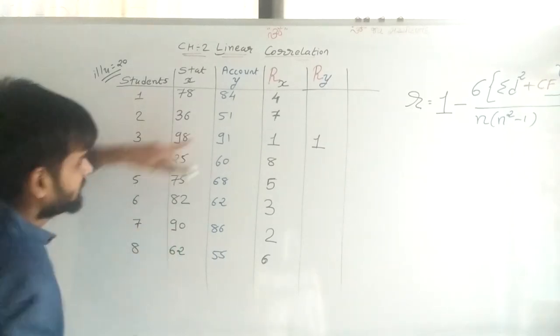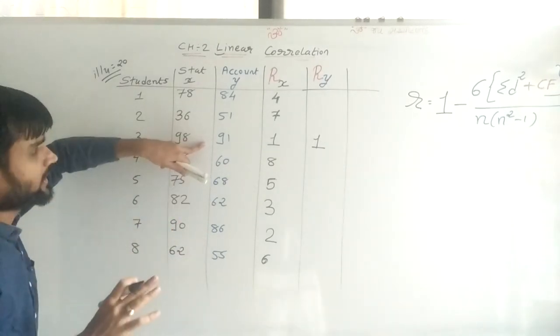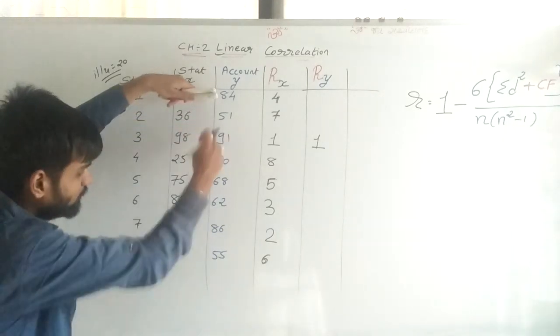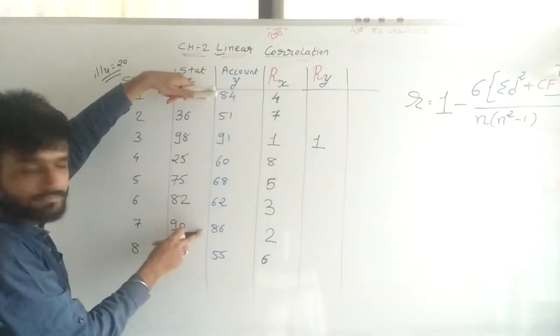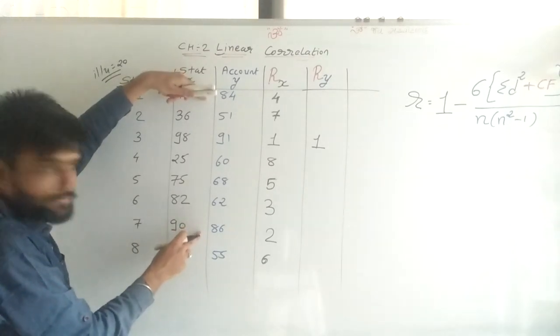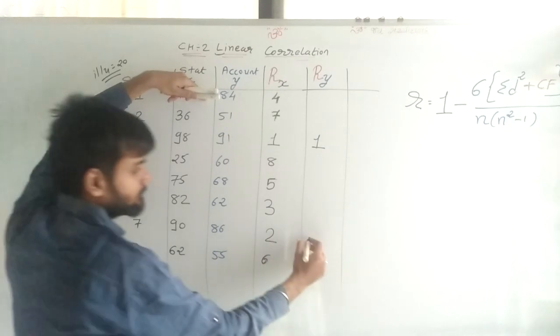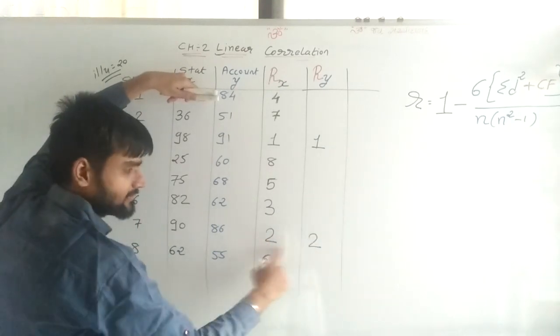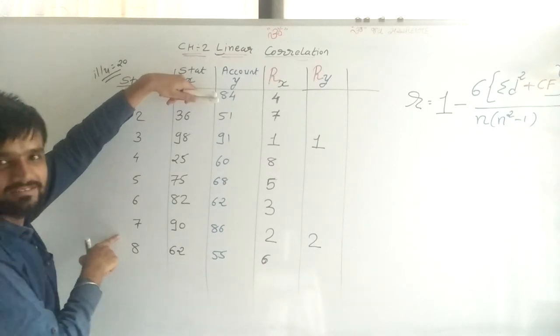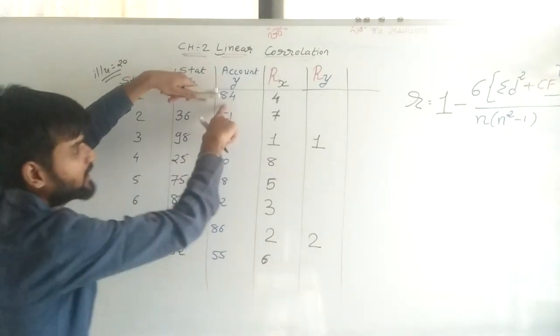Now see, 90s completed. Now check the 80s line, 84 and 86. Now 86 and 84, 86 is highest. So give second rank, again second rank also to the same student. Now third rank.